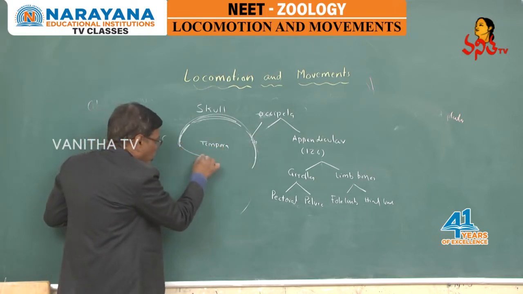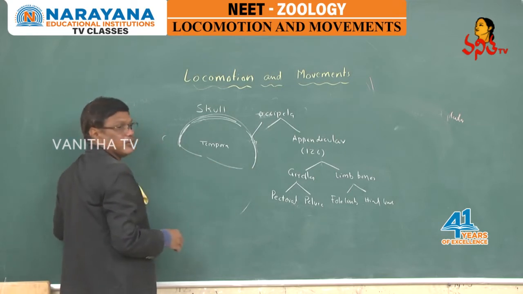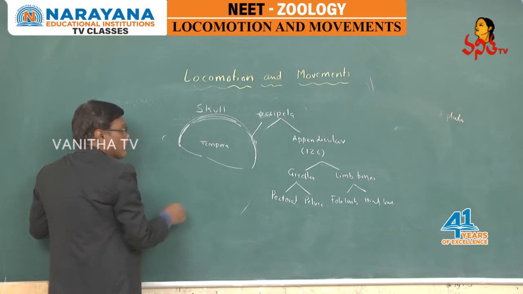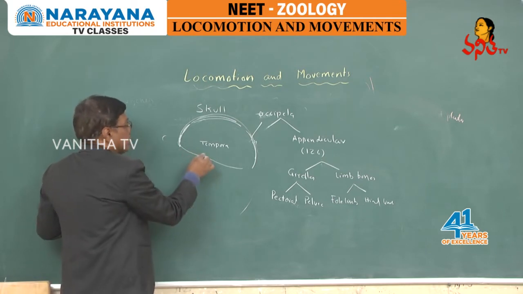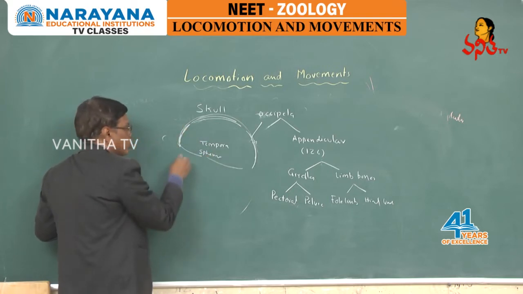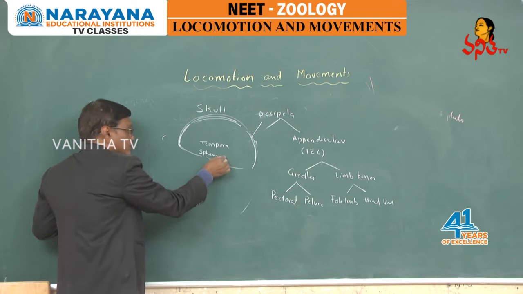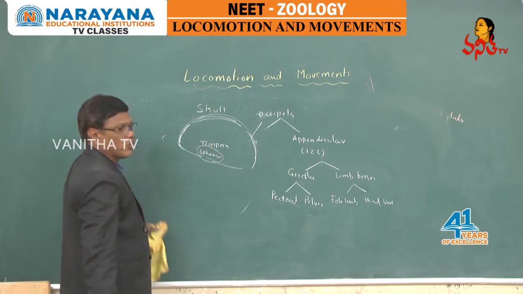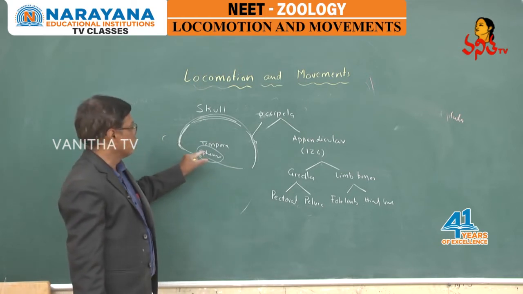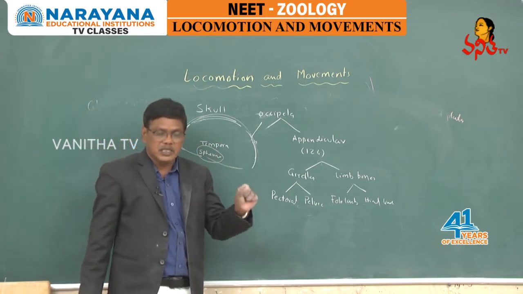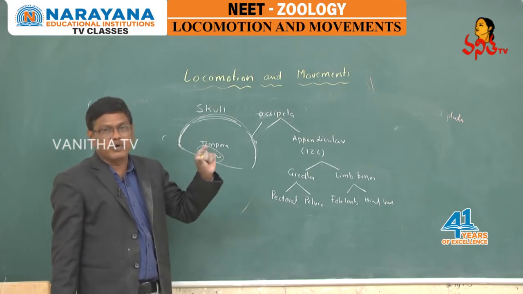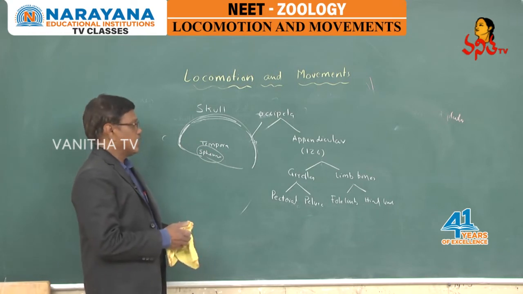Then the floor of the cranium is formed by which bones? The sphenoid bone and ethmoid bone. The sphenoid bone is the keystone bone in the cranium. So the parietals, occipital, temporal, ethmoid and sphenoid bones are the parts of the cranium.